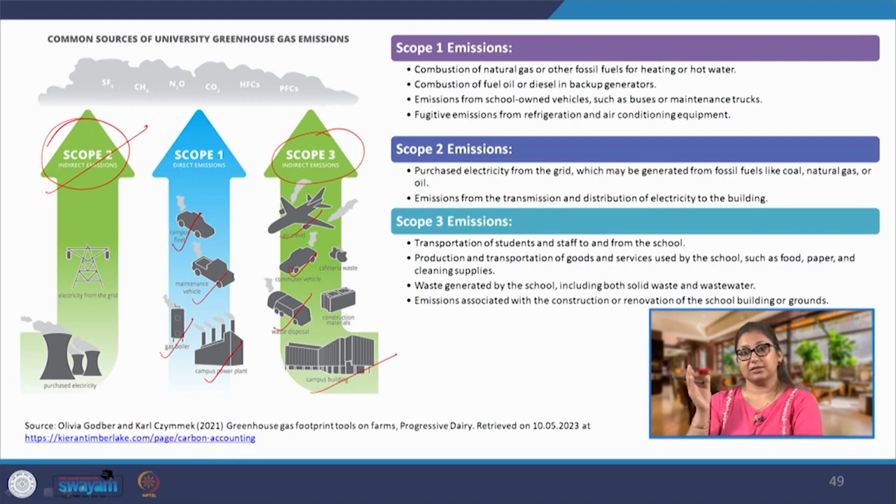But the other part is the scope 2. So, scope 2 is where appropriateness of the material will come, scope 3 is where the choice of material irrespective of its context will come.